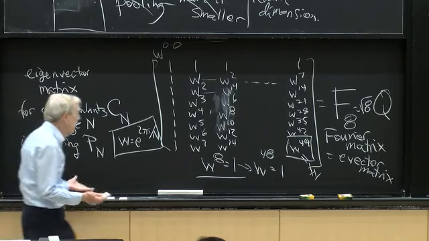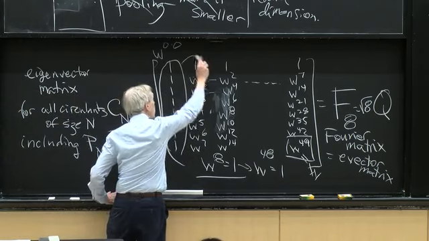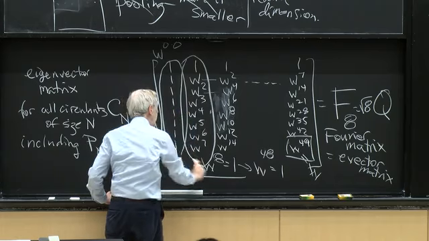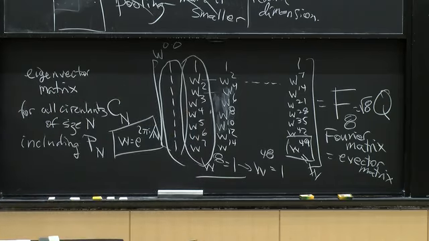But how do I know that those are orthogonal? Well, I know they have to be, but I'd like to see it clearly. Why is that vector orthogonal to that vector? First of all, they have to be because the matrix is a normal matrix. Normal matrices have orthogonal eigenvectors.